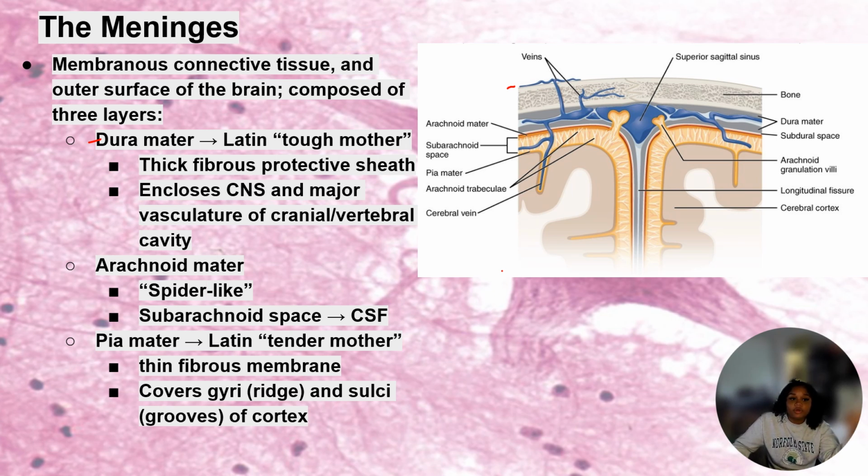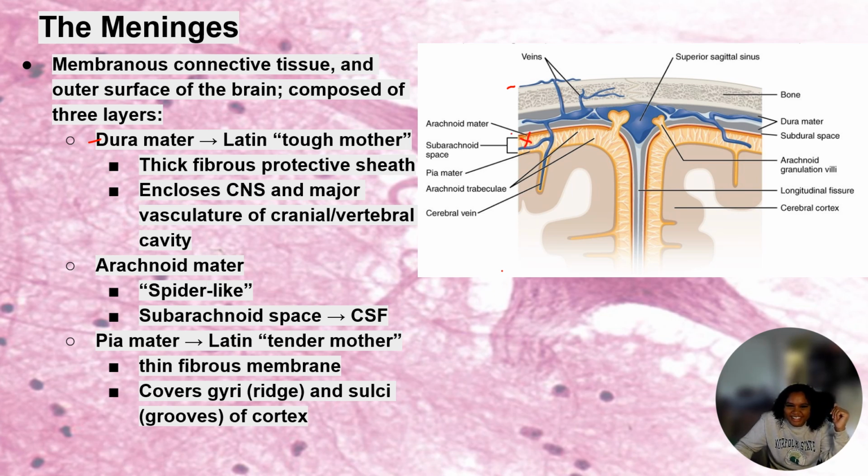When I think arachnoid, think arachnid, as in the thing I'm afraid of. All jokes, but the arachnoid mater has its name for the spider-like, web-like appearance of it. Between the dura mater and the arachnoid mater is the subarachnoid space, which is right here. And you see that right there? See how spidery it looks?